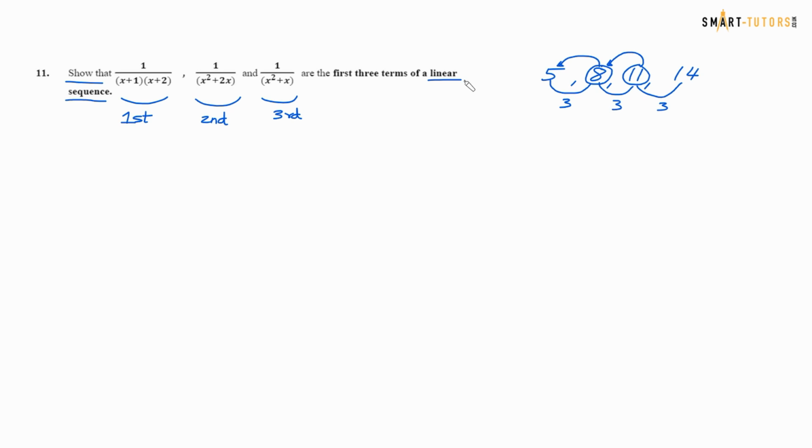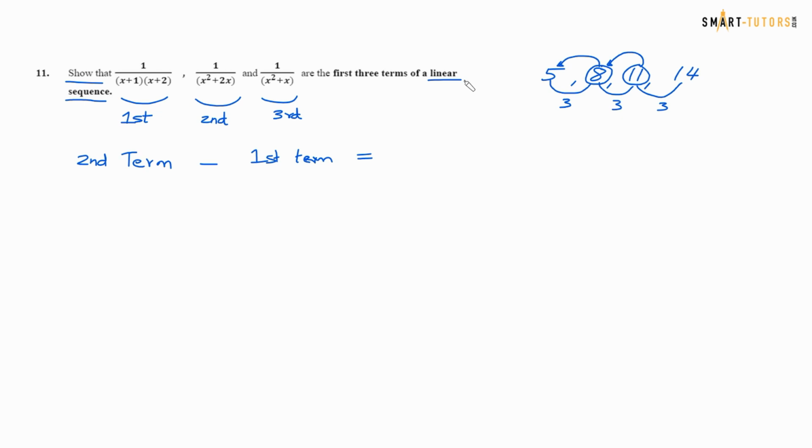The only method is to show the difference between the terms is equal. So second term take away first term, whatever answer you get, is going to be the same as the third term take away the second term. So let me do it one by one.